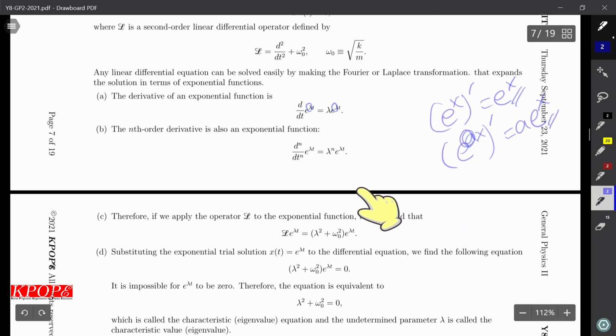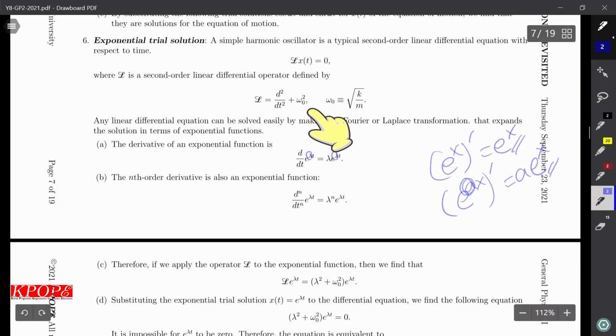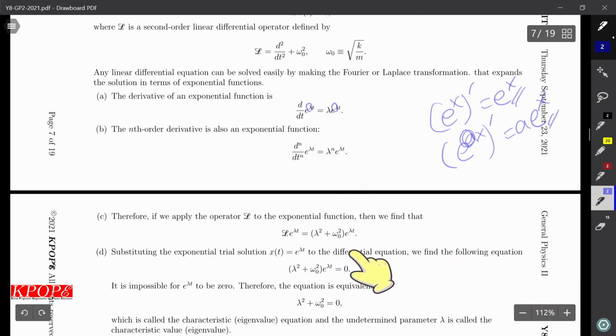In this manner, if we substitute this exponential function as a trial solution for this second order differential equation with the operator for the simple harmonic oscillator, we find that the second order time derivative gives lambda squared, and the constant term is omega 0 squared, and they are factored out, and we have the common factor exponential lambda t.